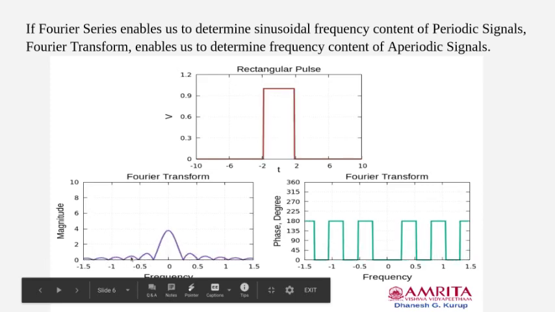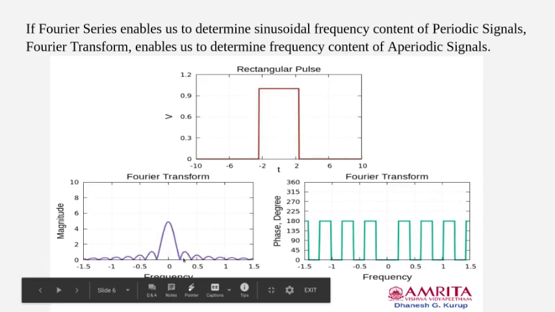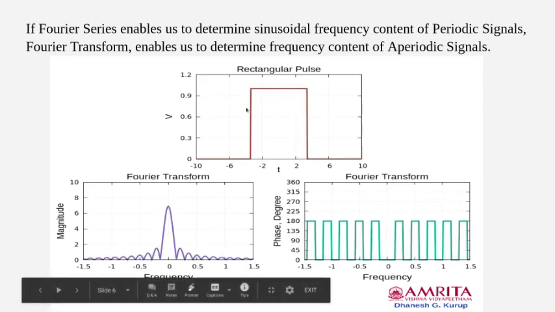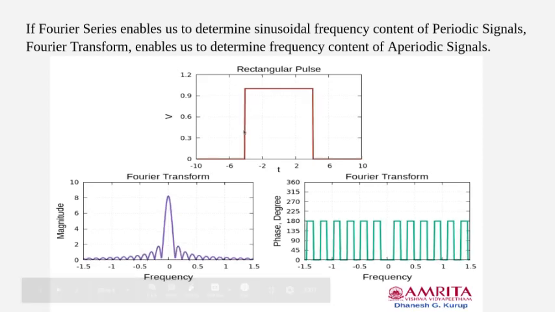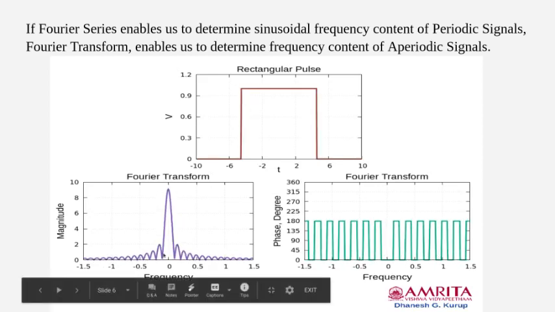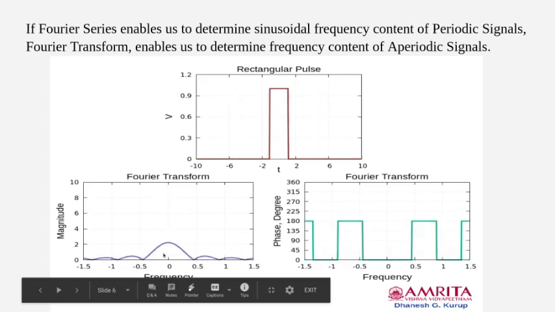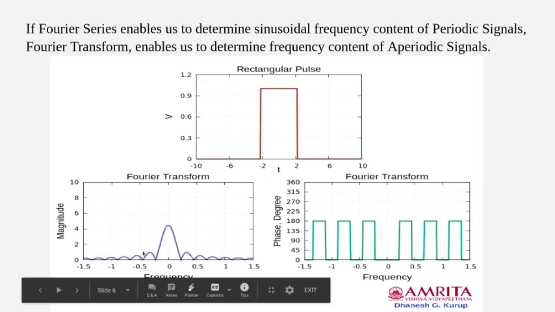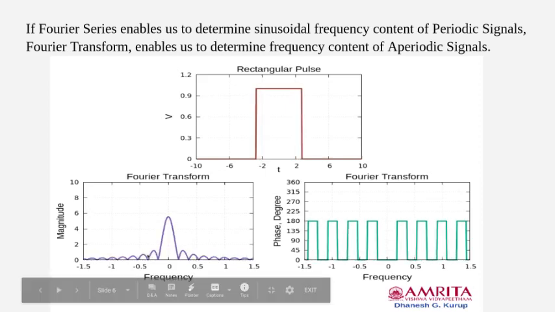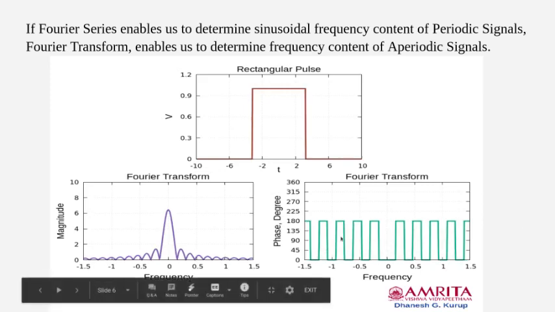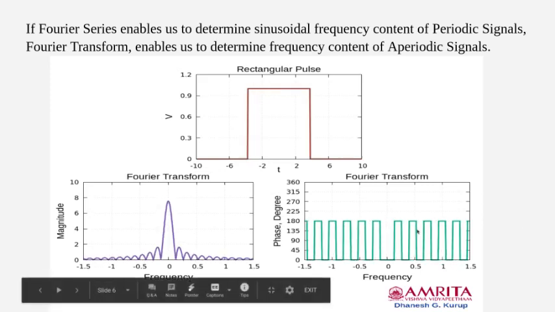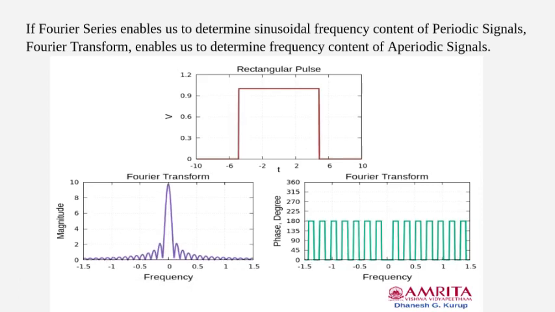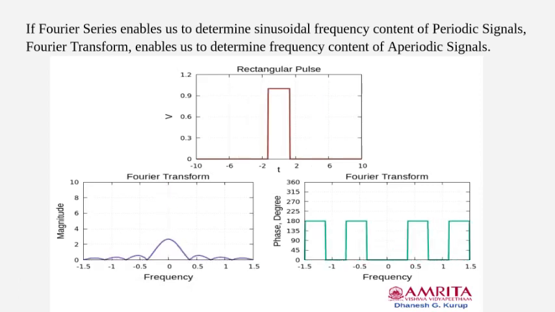And vice versa, when this rectangular pulse becomes thinner, the spectrum increases, the spectral width increases, and the phase spectrum is also shown on the right side. So the thicker the rectangular pulse, the thinner the spectrum; the thinner the rectangular pulse, the thicker the spectrum.